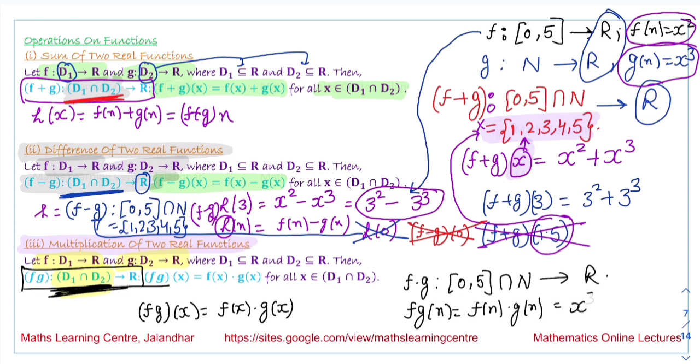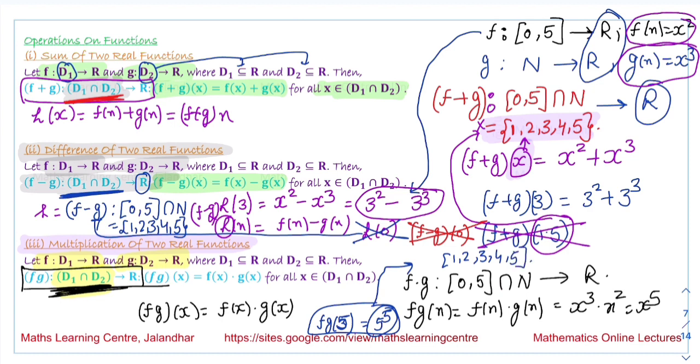So it is x cube into x square, which is equal to x raised to the power 5. So if we have to calculate the value of (fg)(3) or (fg)(5), the answer we have is 5 raised to the power 5. This is the value of this function because the domain of this function has the elements 1, 2, 3, 4 and 5, that is, in the interval 0 to 5.